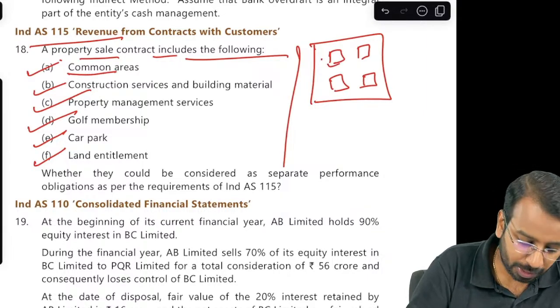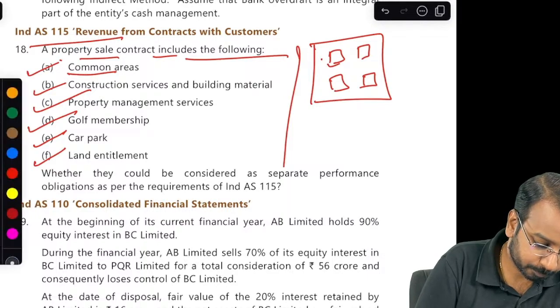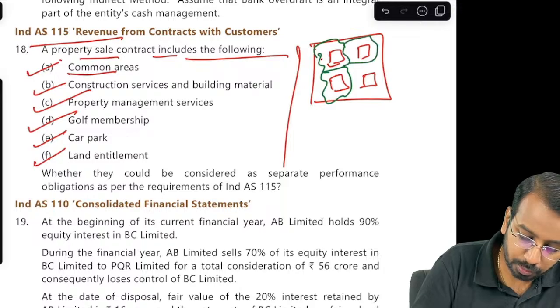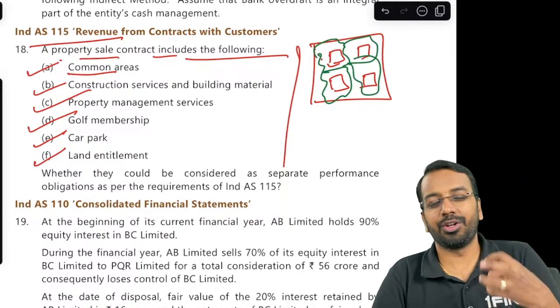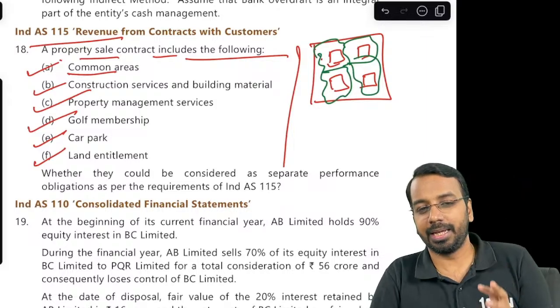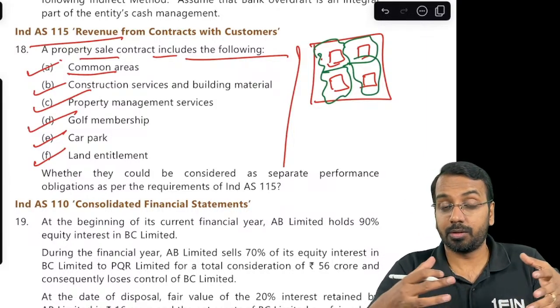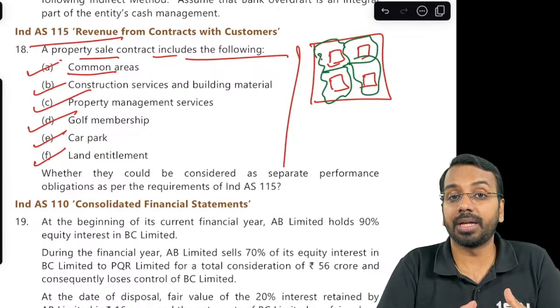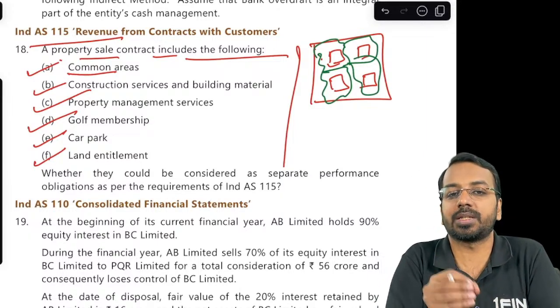This part here is your open area or common area where you have the child play area. Then you will have a common area in front of the lift. You'll have common areas such as corridors, right? Those are called common areas because they are not given to a specific flat.